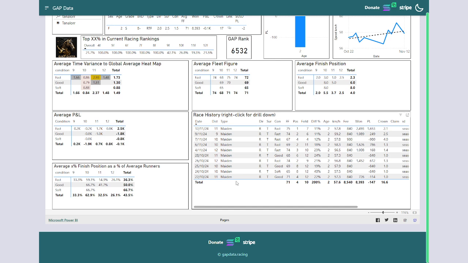So the average time variance to global average heat map box. You want yellow. Obviously, yellow is good. I'm not going to go into it, I just use their formula. I've never tried to figure out what their formula is.